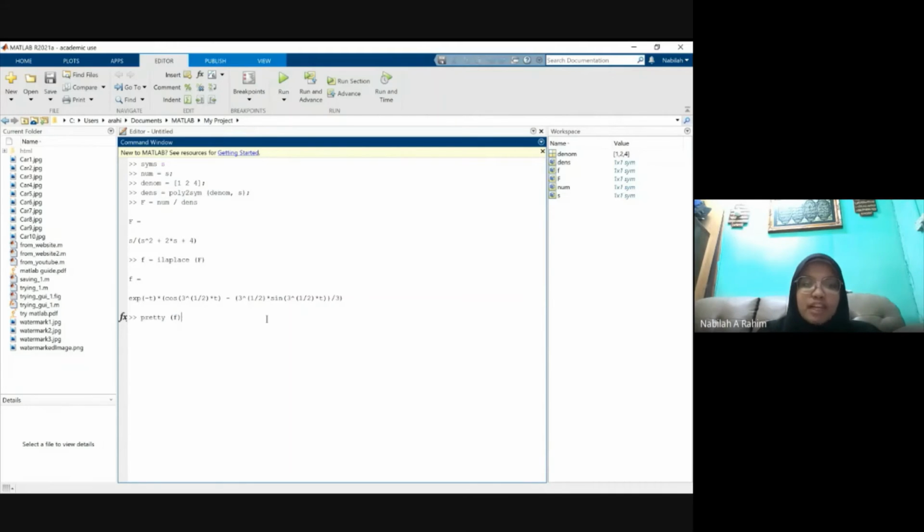Just type pretty(f), and the answer is e to the power of negative t times cos square root 3t minus square root 3 times sine square root 3t over 3. This proves that the manual calculation is the same as the MATLAB simulation for question 4a.